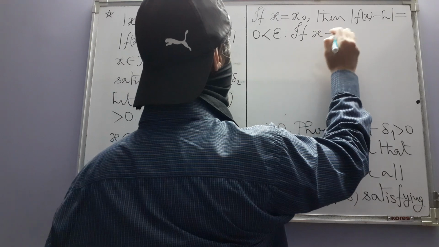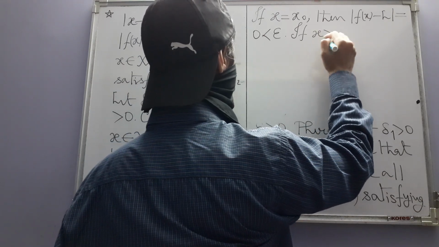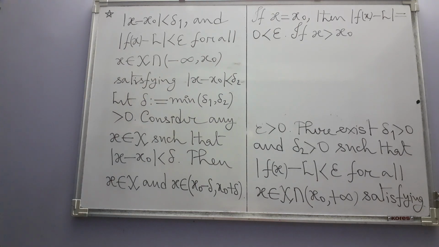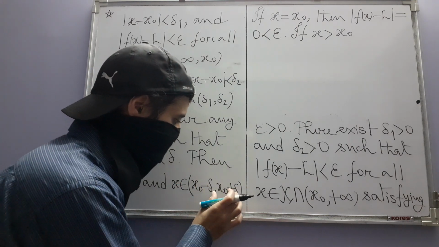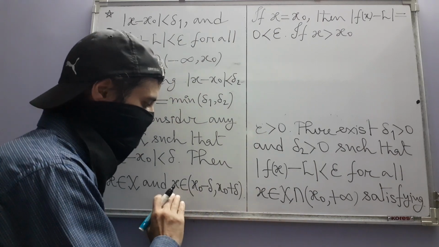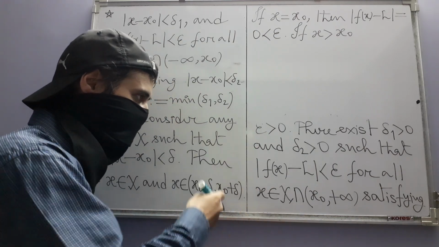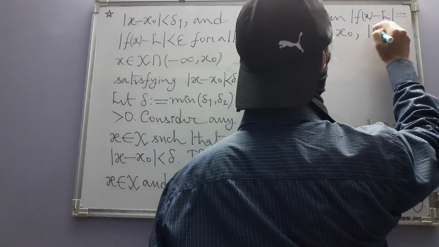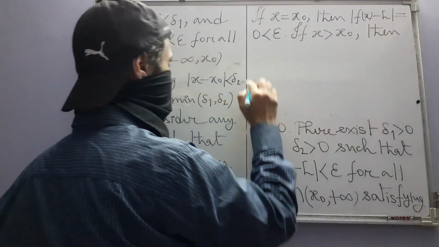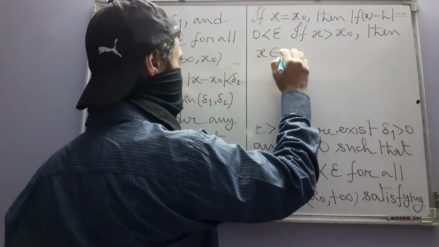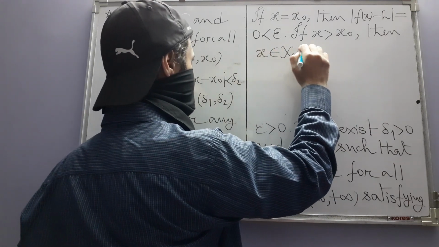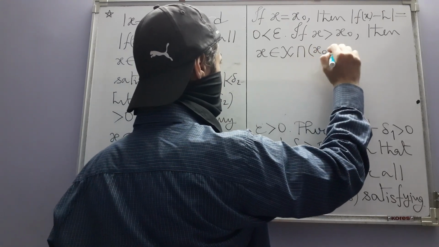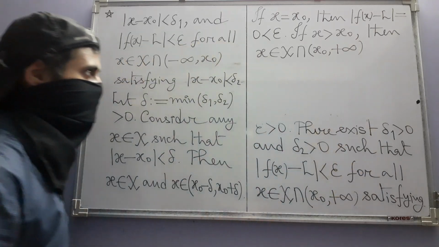If x is greater than x naught, okay, that means x lies in that part, it lies in the open interval x naught comma x naught plus delta, then x belongs to this.